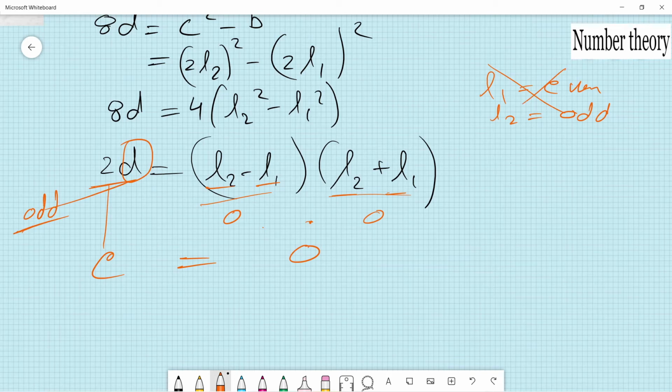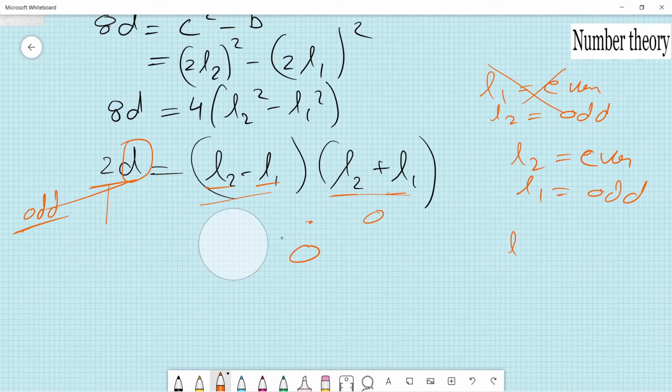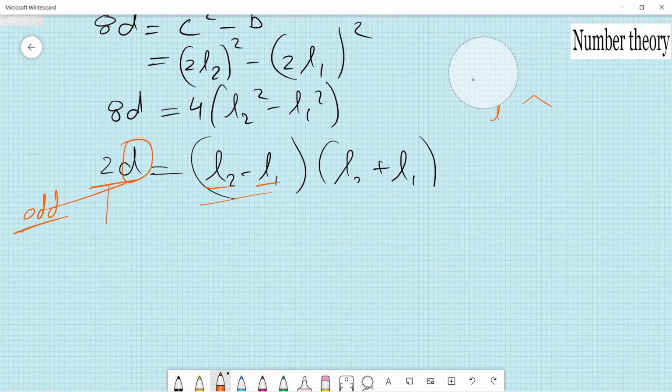We'll get the same result if we take L2 even and L1 odd. So the only possibility is for them to have the same parity, that is, both can be even or both can be odd. Doesn't matter what we take, even or odd, we'll get the same result.